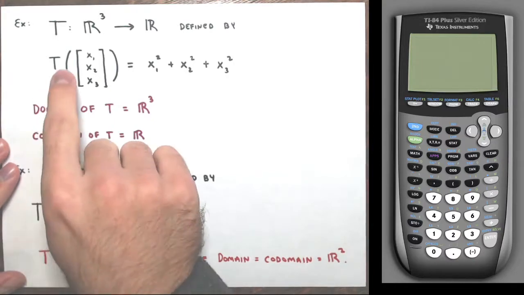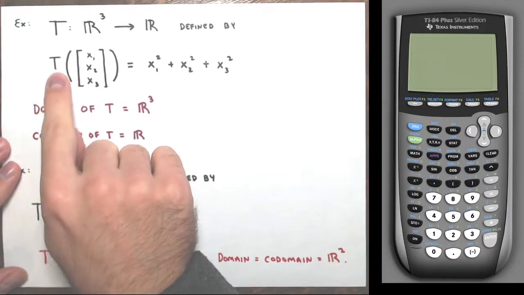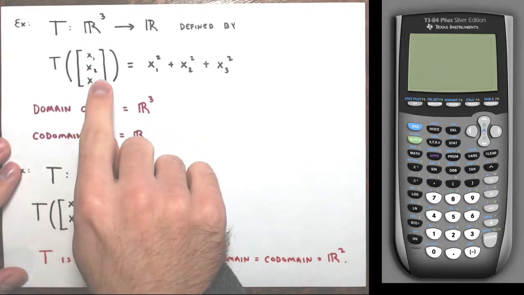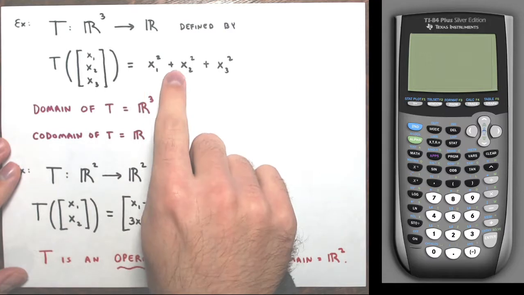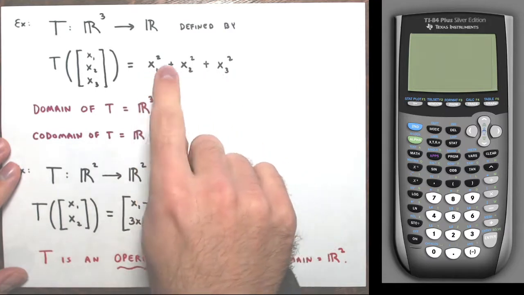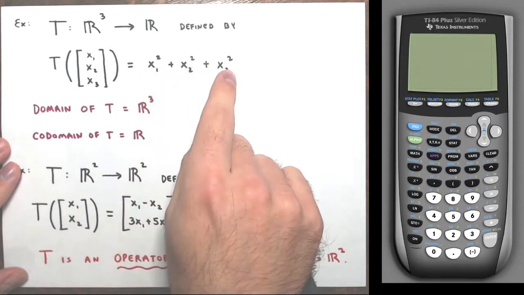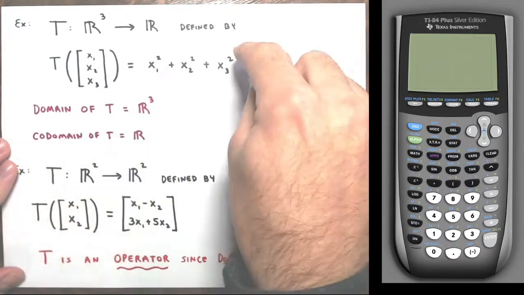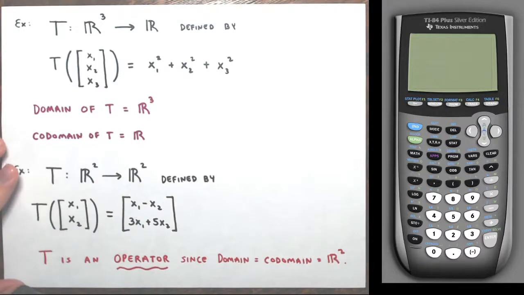In this case, the rule T takes a vector from R3 with x1, x2, and x3 as components, and assigns it to the real number x1 squared plus x2 squared plus x3 squared. Again, no need for a bracket around that. You can make that a vector with one component if you want, but there's not really any need for that.